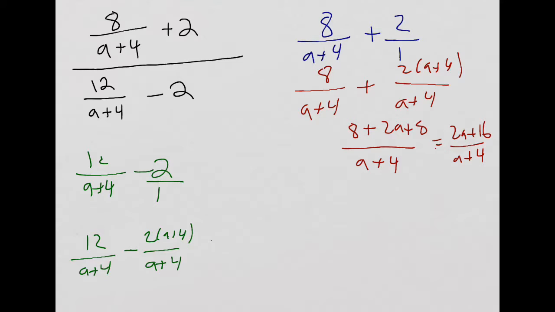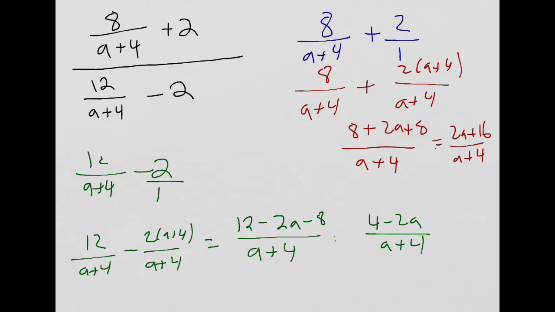We get the denominator a plus 4, and then whatever the numerator tells us, so it's going to be 12 minus. Now here's where you've got to be careful, because of the minus sign, we do have to distribute to both terms. So it's going to be 12 minus 2a, but it's going to be minus 8 here. When we simplify this, we get 4 minus 2a over a plus 4.